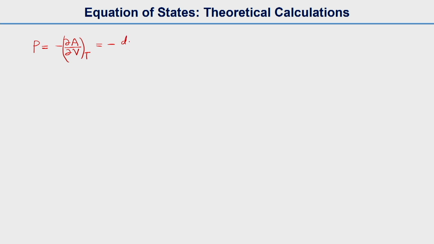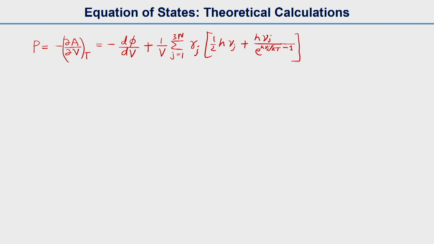So this expression will look like something like this, because it involves the total energy: 3N gamma_j, I'll tell you what gamma_j is, and then half of h nu_j plus h nu_j over e to the power h nu_j over kT minus 1.